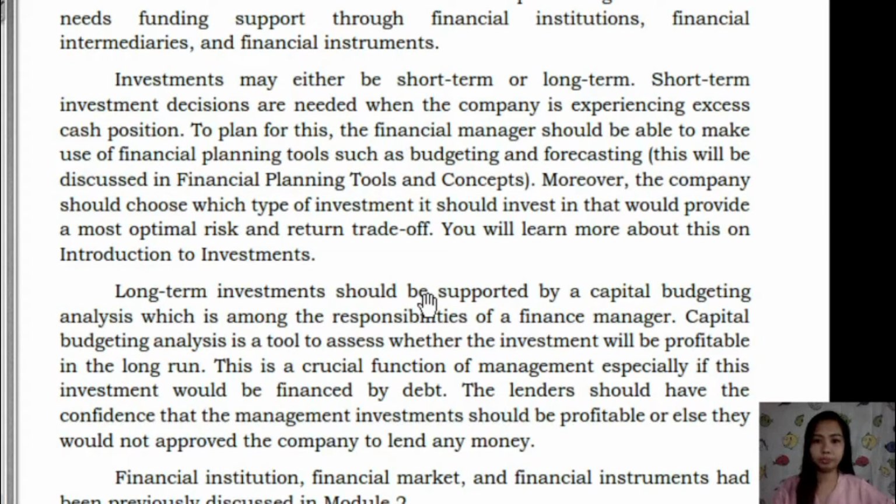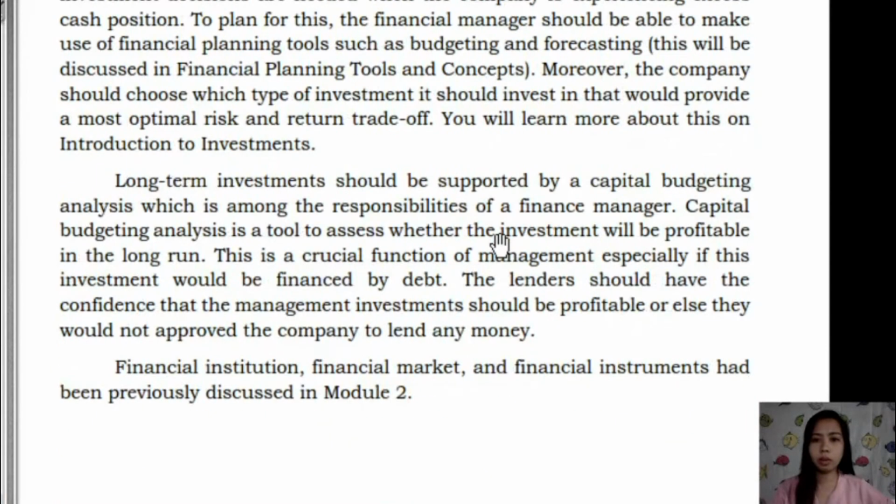So, company could choose kung ano ang convenient sa kanila na type of investment, considering yung risk and return trade-off. So, the higher the risk, the higher the return. Depending kung gaano ka risk-taker si financial manager ng isang company.